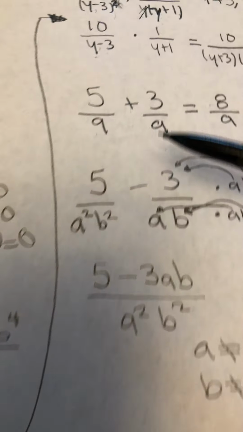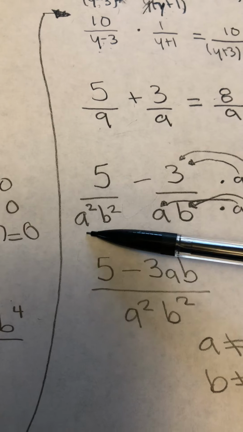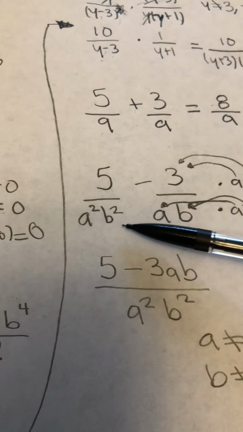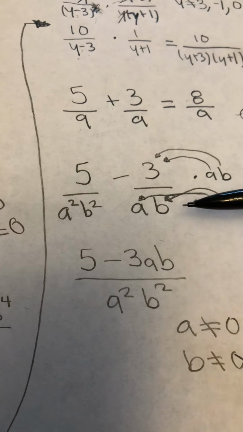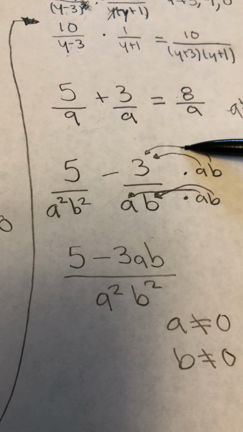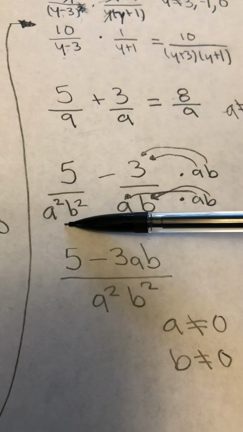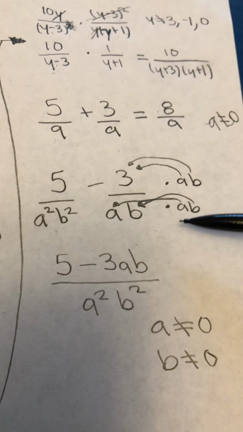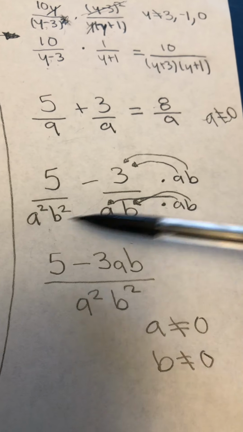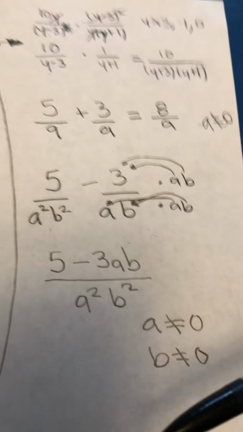And then when there's subtraction, and you notice these don't have the same denominator, you would want to change this one to figure out what you need to times this by to make it the same denominator. If I times this by another ab, I would get a squared and b squared.